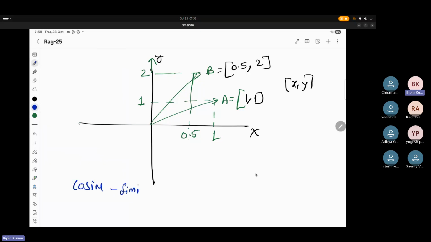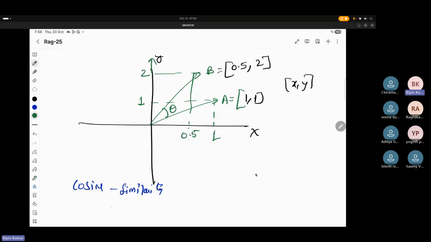Cosine similarity basically tries to find the angle, this angle. Let's say there are two vectors, and if I have to find the similarity, based on the angle I can find the similarity. That we call cosine similarity.